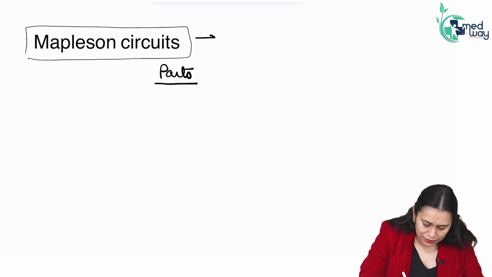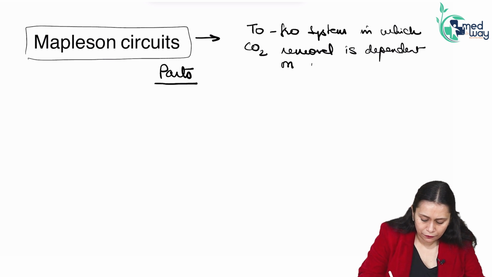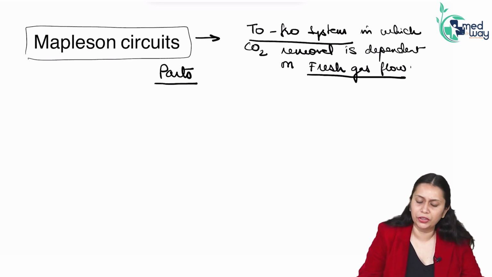As I told you, Mapleson circuit is a to and fro system in which CO2 removal is dependent on fresh gas flow. So remember this, okay?